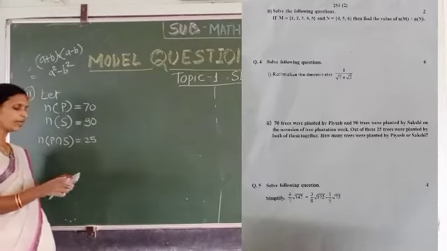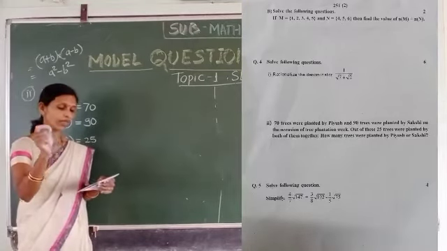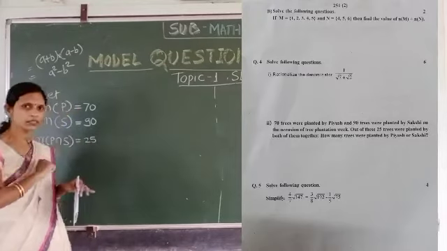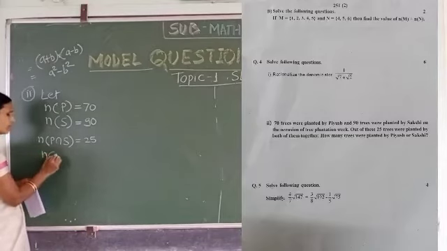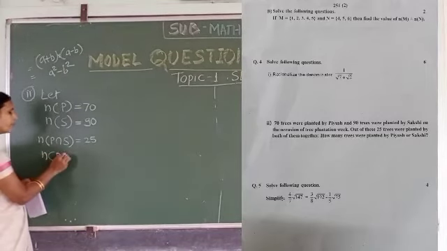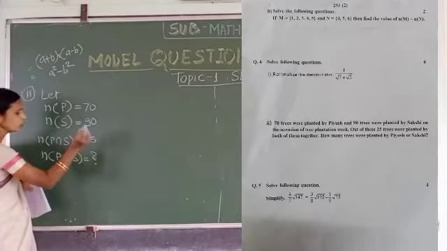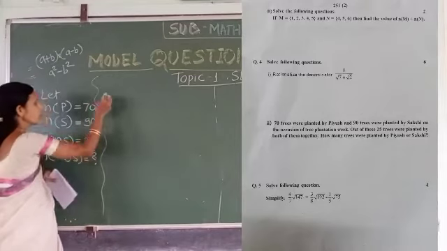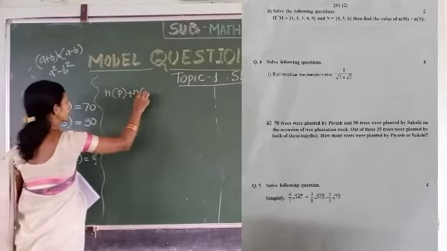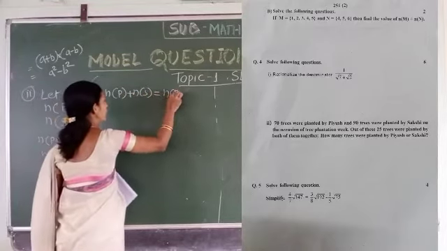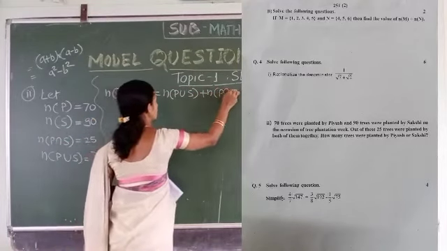Then how many trees were planted by Piyush or Sakshi? See here, the word is "or". Therefore we have to find n(P union S), the number of trees planted by Piyush or Sakshi. We use the formula n(P) plus n(S) is equal to n(P union S) plus n(P intersection S).